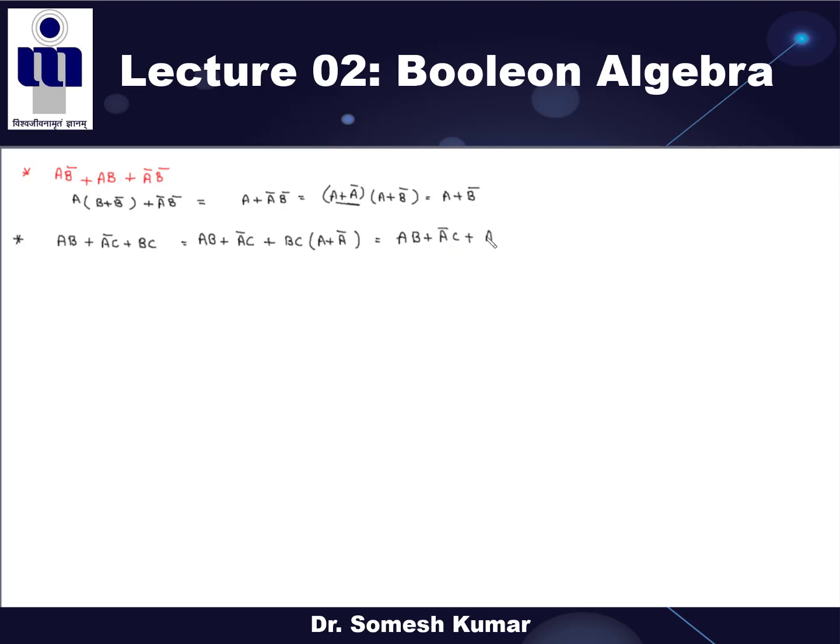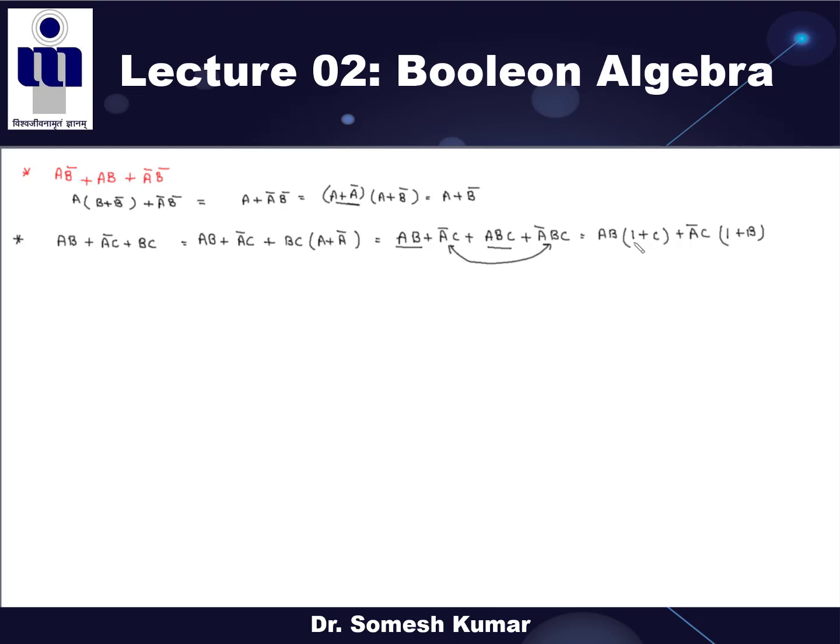Now this becomes ABC and this becomes A bar BC. Now we can take common AB from this term and this term. Inside it becomes 1 plus C. From the second term and this term we can take common A bar C. Inside it becomes 1 plus B. What is 1 plus C?